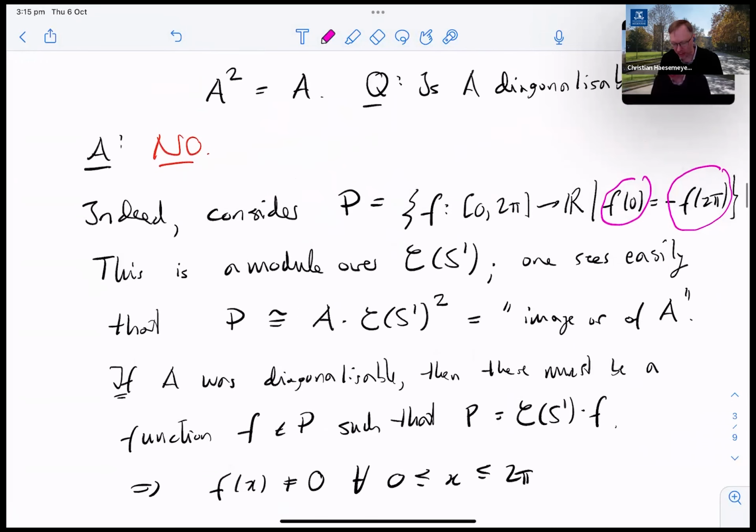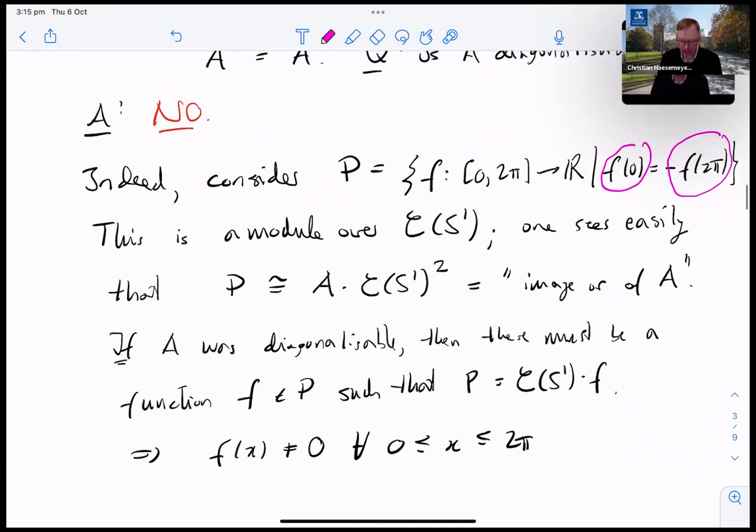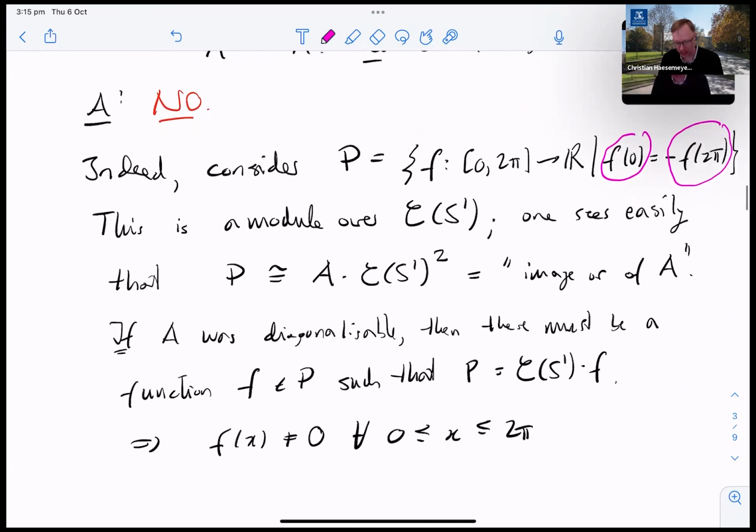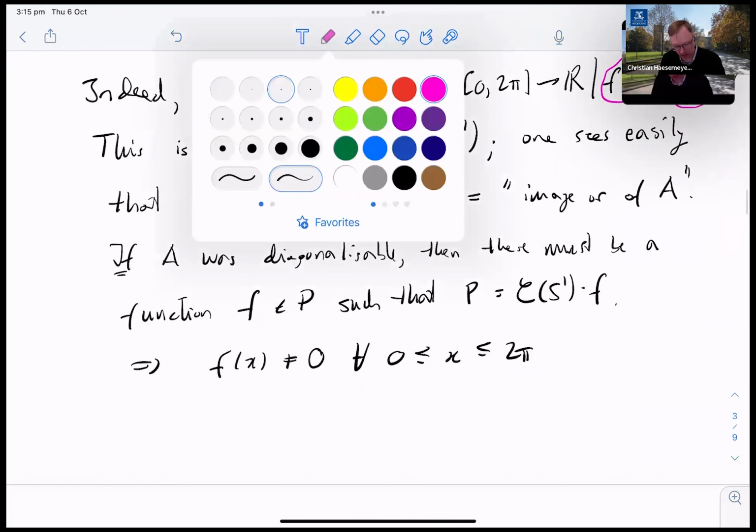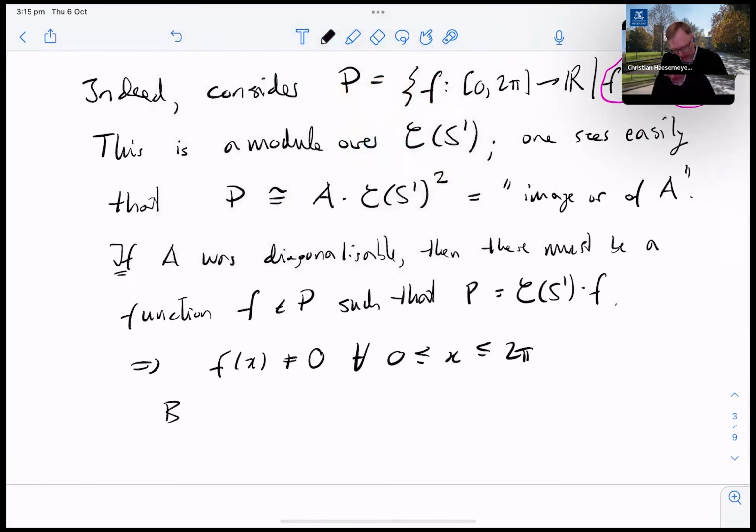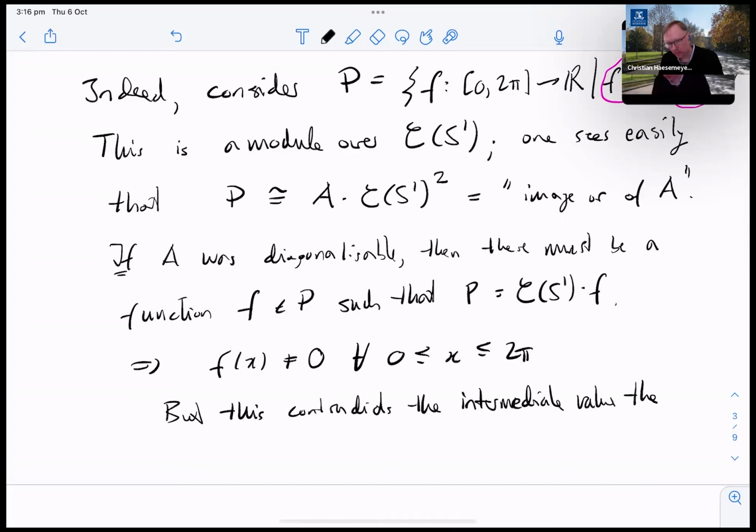So either f of 0 is 0, or the sign of the value of the function differs between 0 and 2 pi. And that means it must have a 0 in between by the intermediate value theorem. So this contradicts the intermediate value theorem. So A is not diagonalizable.